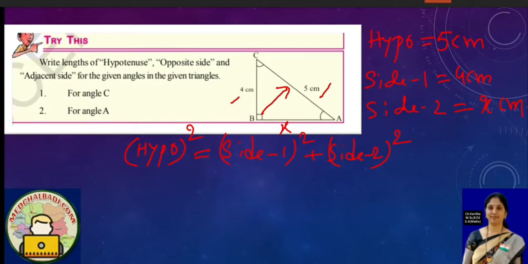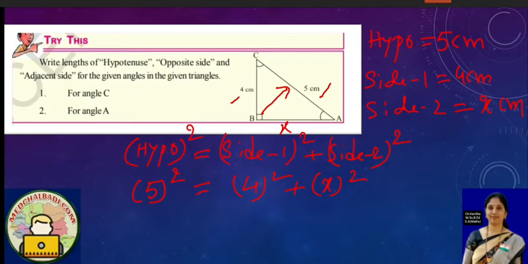Now place this in the relation. Hypotenuse square, that is 5 square, is equal to side 1 square, that is 4 square, plus side 2 square, that is x square.